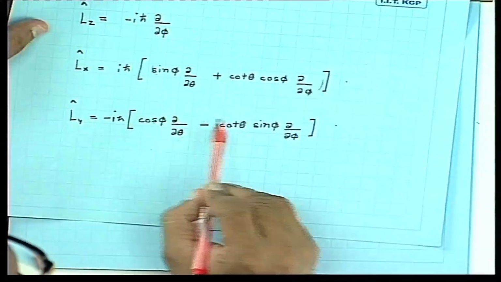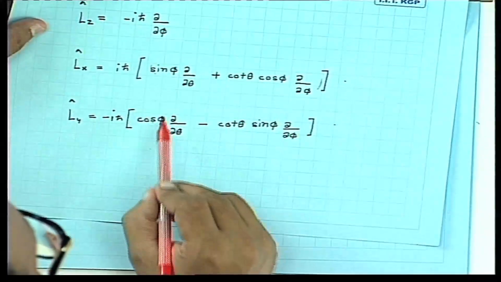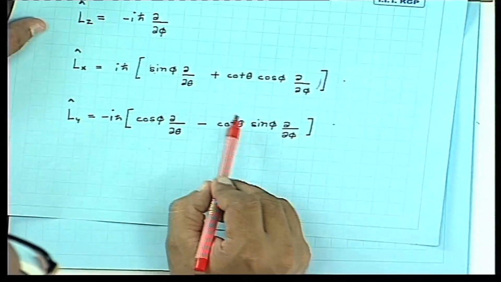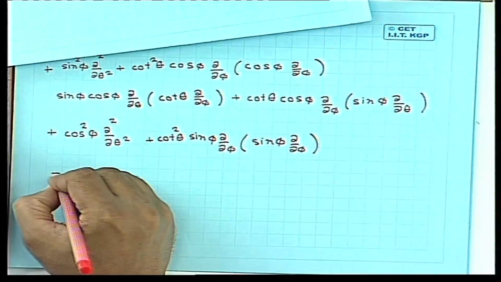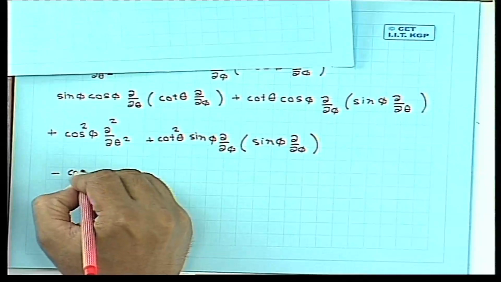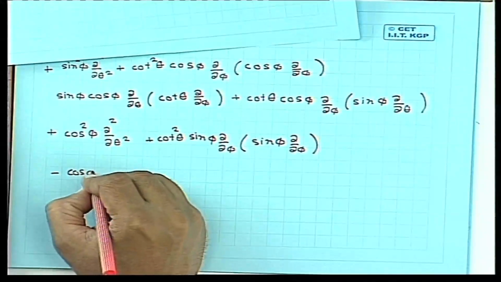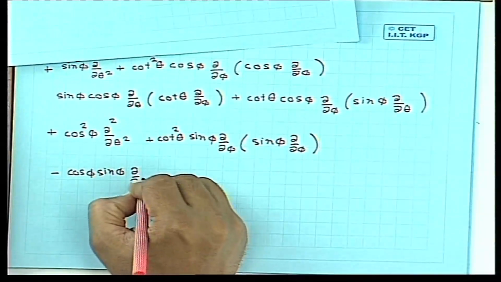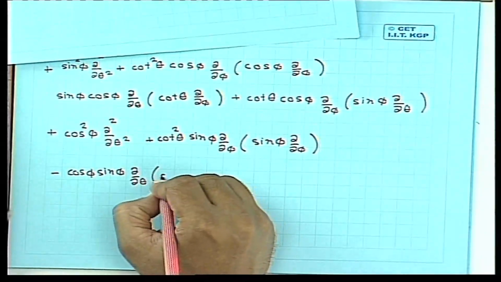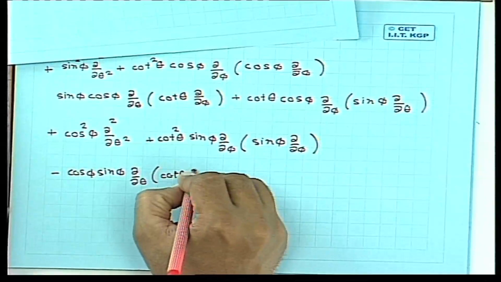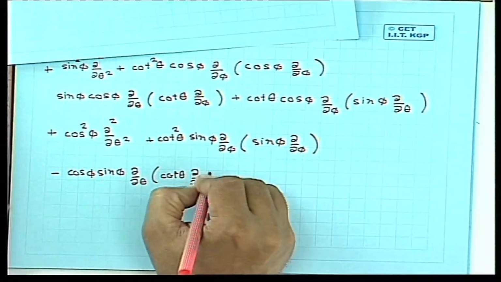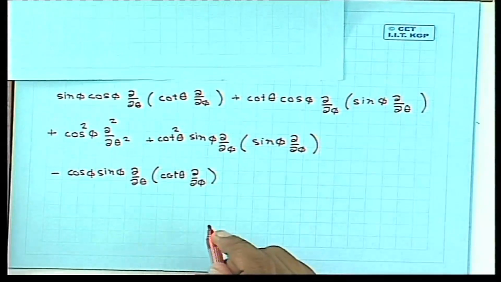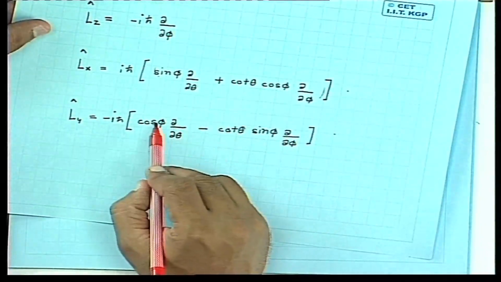Now I have the product of this with this, and del theta will act only on cot theta. So I have minus cos phi sin phi del theta cot theta del phi, and I have the last term which is this acting on this.